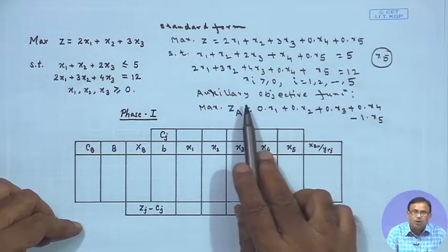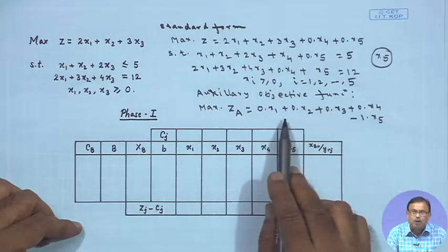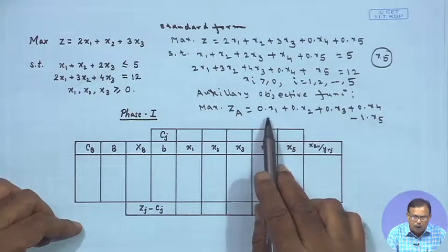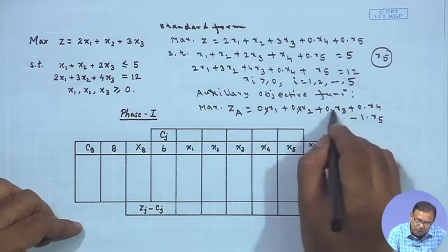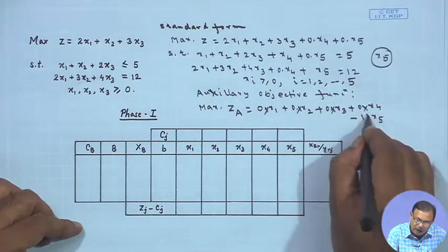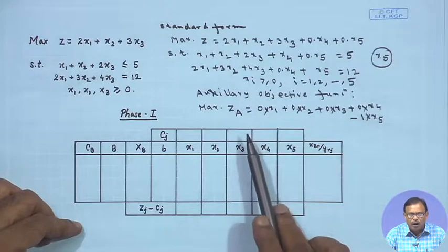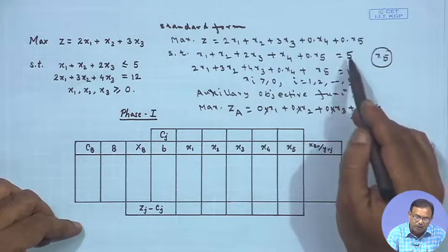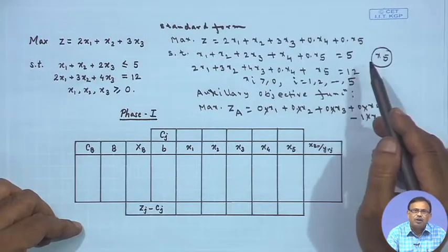So, now your new auxiliary objective function is maximize z a equals 0 into x1, 0 into x2, 0 into x3 and minus 1 into x5. So, your problem is maximize z a subject to these two given constraints using the simplex algorithm.